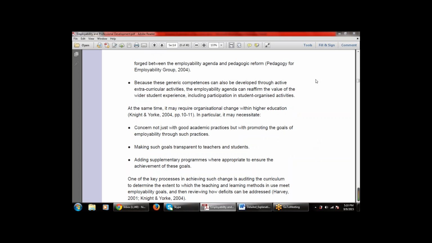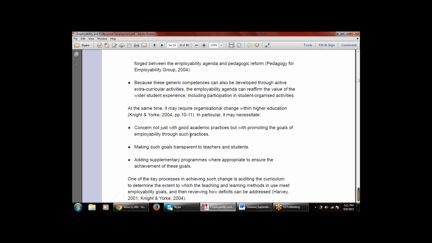The next benefit is as follows. At the same time, it may also require organizational change within higher education. In particular, it may require organizational change that is concerned not just with good academic practices but with promoting the goals of employability through such practices.